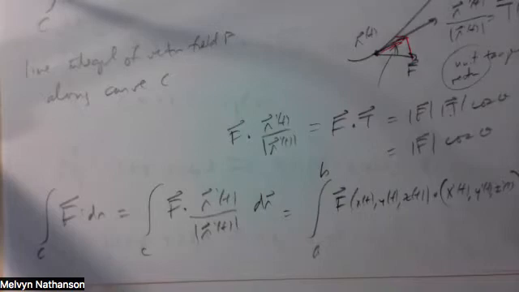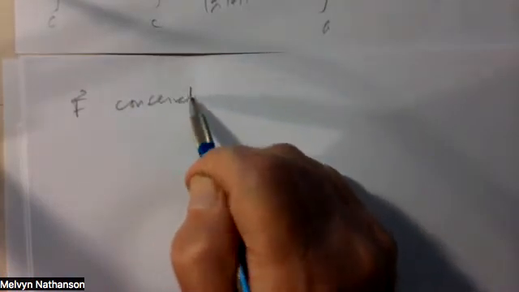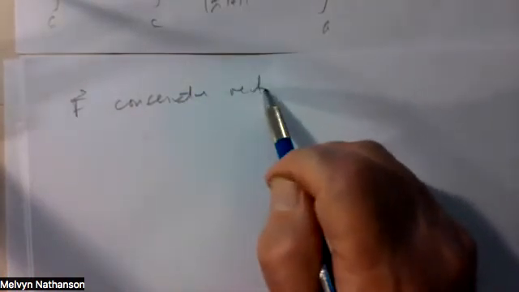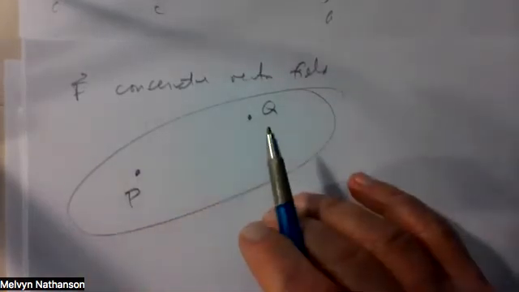And the important theorem about conservative vector fields and line integrals is the following. Suppose F is a conservative vector field, and we have two points in the plane, say P and Q. So here's some region in the plane or in three-dimensional space, and F is a conservative vector field defined all over this region.